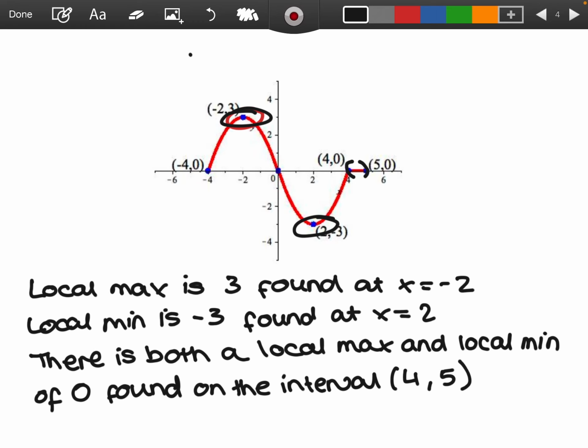So between those two x values, in that open interval (4, 5), we don't include those two values because we need an open interval in order for the local maximum and minimum to be defined, and we don't include any end point. So we can't include x is equal to 5 because that actually takes us to an end point. So we have both a local maximum and a local minimum of 0, and it's found on that open interval.